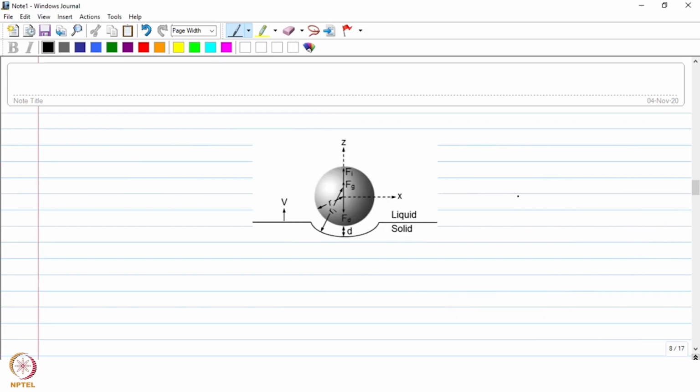So we are going to take the help of this particular diagram in order to understand this interaction and the role of this radius of curvature that develops along the interface. Let us consider a spherical particle of radius r.